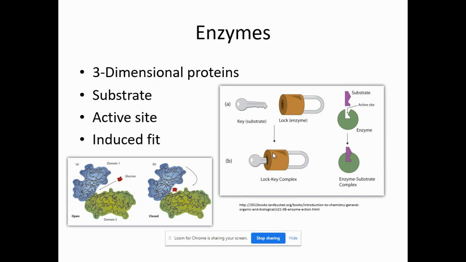All right, it releases the products, and then it frees itself up to be able to bind another substrate and participate in another chemical reaction. All right, so when an enzyme and a substrate bond together for whatever chemical reaction to occur, the enzyme will then release the products from the chemical reaction. All right, and then that active site is open again for another substrate to come in and bind to the enzyme.